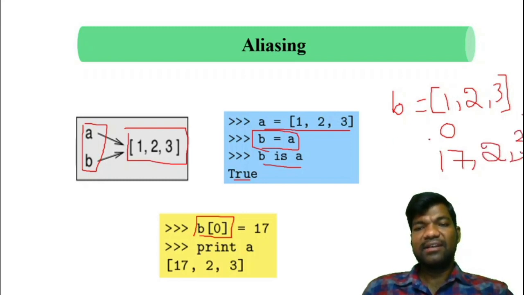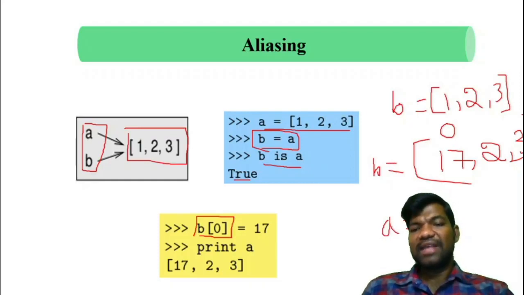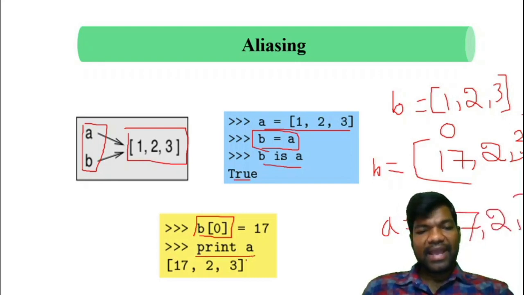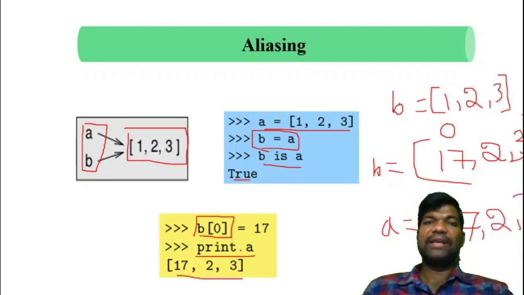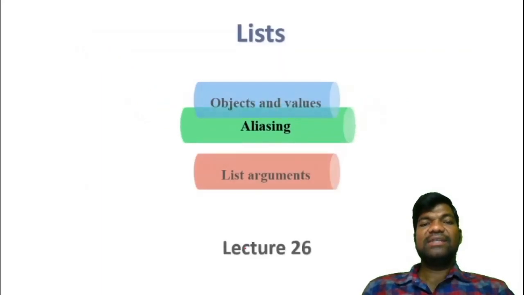B is changed like this. Now B is A, so what is A? A is also the same, 17, 2, 3. If you print A, you will get 17, 2, 3. That is aliasing. That is the concept.